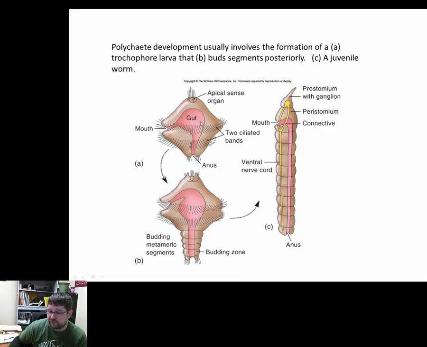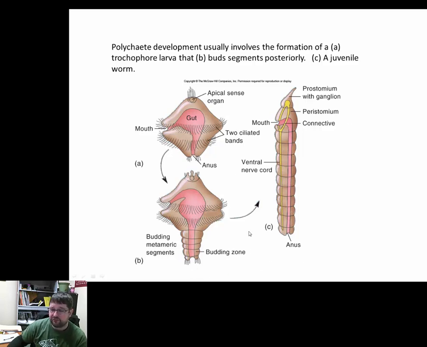With the trochophore larva, and we've seen this in lots of organisms to this point, you get these ciliated bands. They can move throughout the water column. In this case, there's the mouth and a straight tube gut. Now, as that trochophore larva is developing, it can develop a budding zone, where the posterior region, where the anus is, starts to extend, and you start to get multiple segments forming.